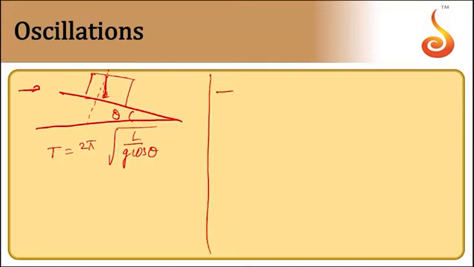Another important case is, what if a simple pendulum oscillates in a non-viscous liquid? In a liquid. Let's assume that this is moving inside liquid. So I can show everything inside the liquid here.